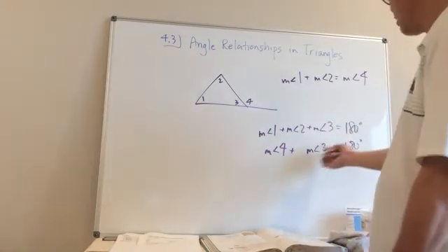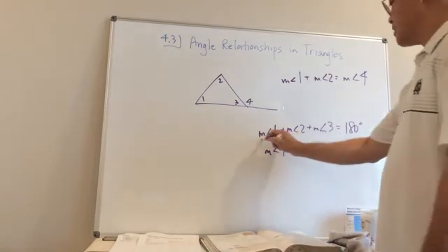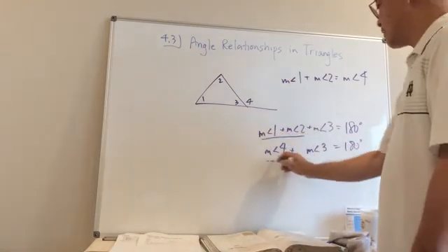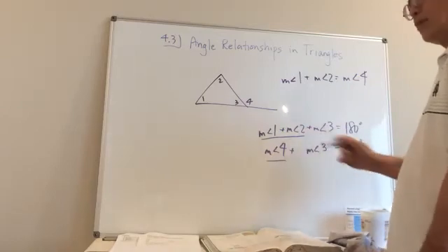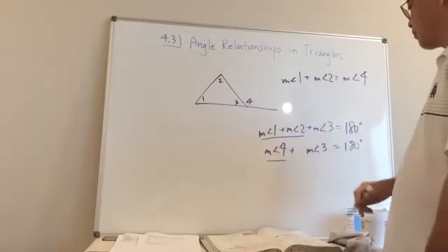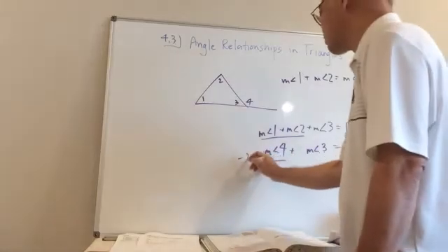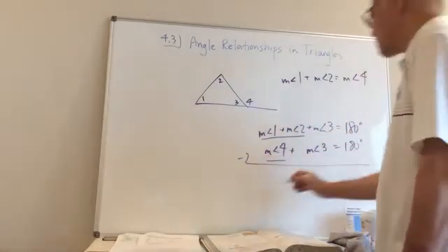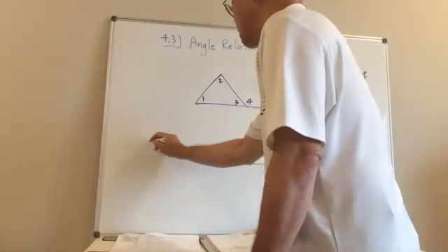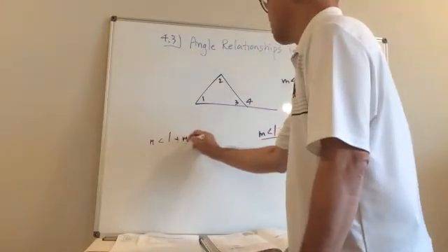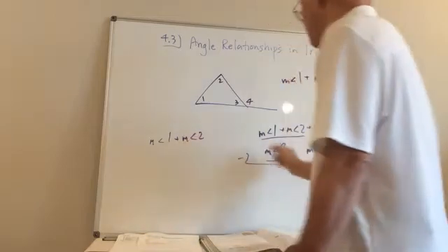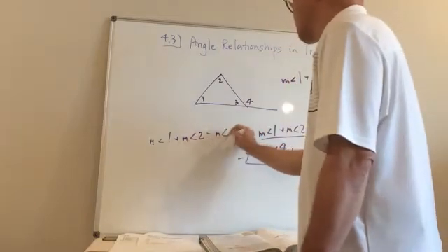Okay, so from here you can see that these two and this have to be the same because they both add to 180 if you add angle 3. In other words, if I subtract both sides, I'm going to get angle measure 1 plus angle measure 2 minus angle measure 4.